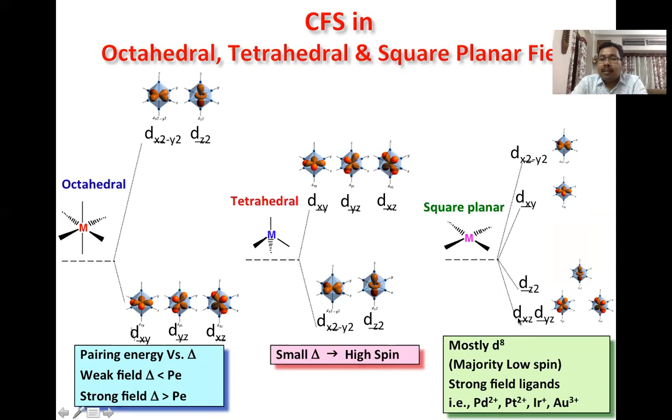The lowest energy set will have two orbitals only, that is dxz and dyz. Next is dz2. Next to that is dxy, and the orbital which has the highest energy will be the dx2-y2 orbital.